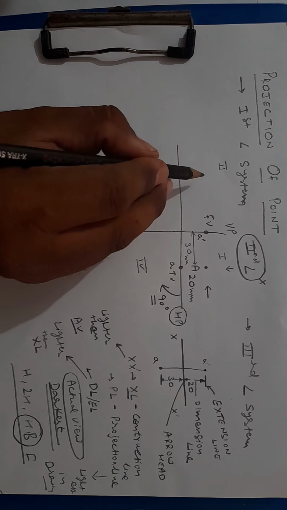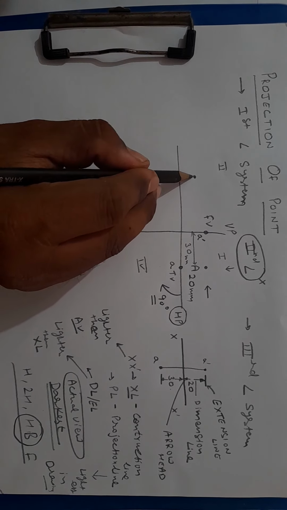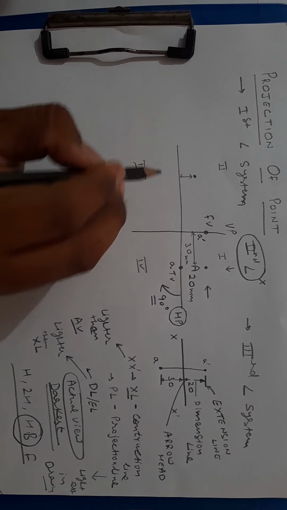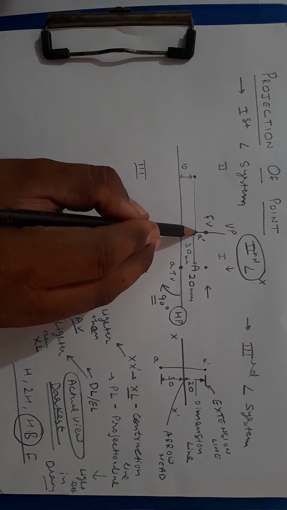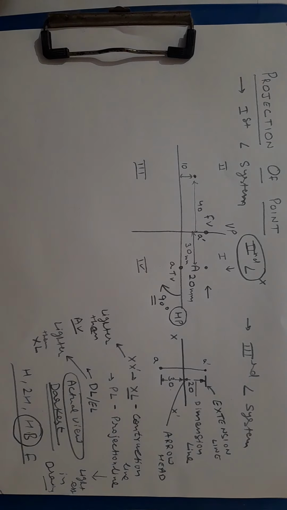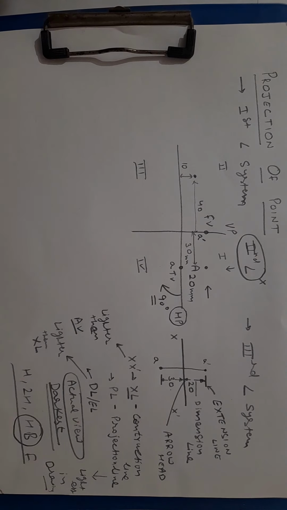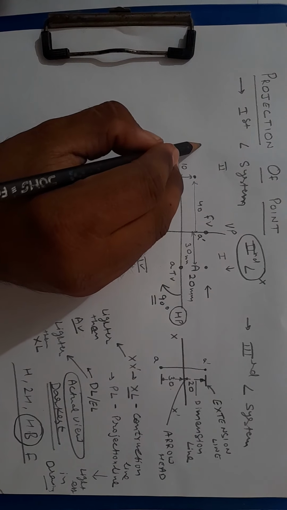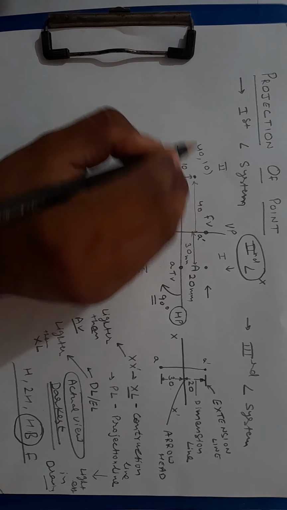Now the second quadrant. When we are plotting the view in the second quadrant, we take the distance from HP as 10 mm, and from VP we take 40 mm. Likewise, we can also define this with coordinates: X coordinate as 40, Y coordinate as 10.